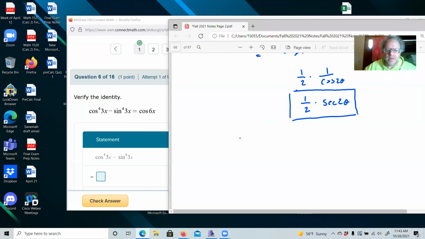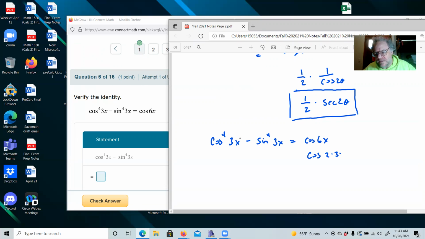All right. So here we have cosine to the fourth of 3x minus sine to the fourth of 3x. How do we say this is cosine of 6x? I almost want to start on the right-hand side because that's a cosine of 2 times 3x.